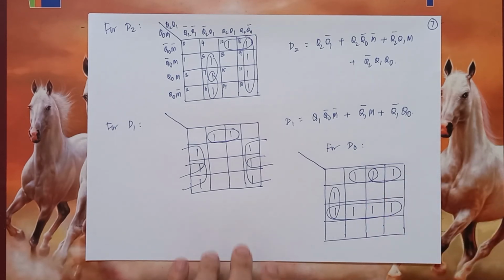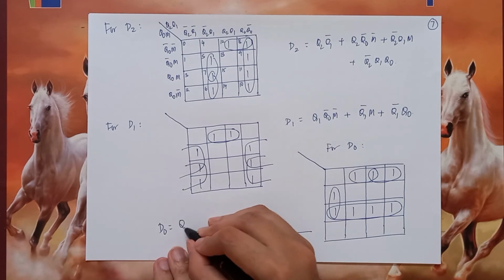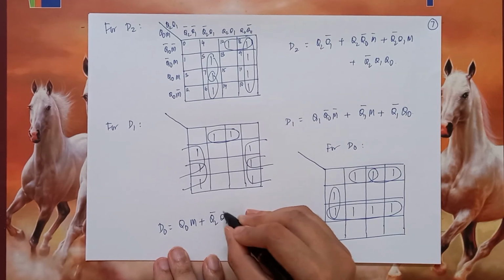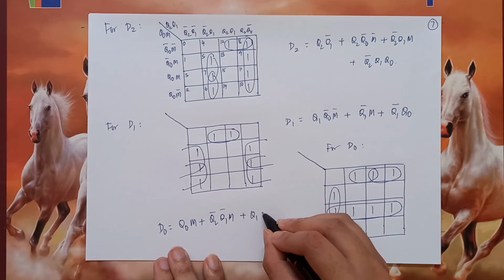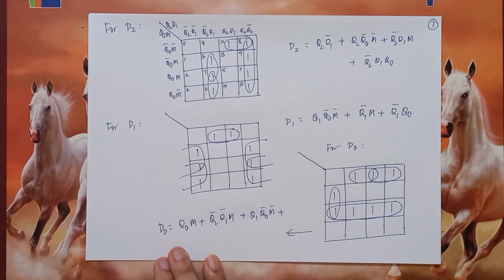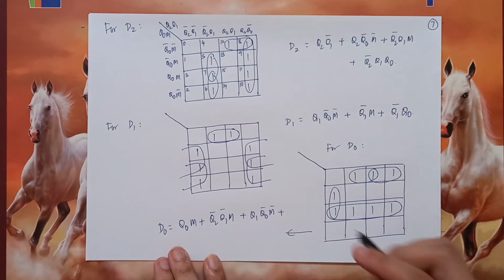So from here we can get D0 is equal to Q0 M plus Q2 bar Q1 bar M plus Q1 Q0 bar M bar plus Q2 Q0 bar M bar.